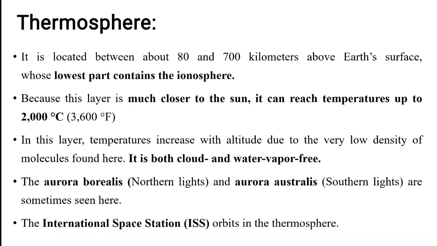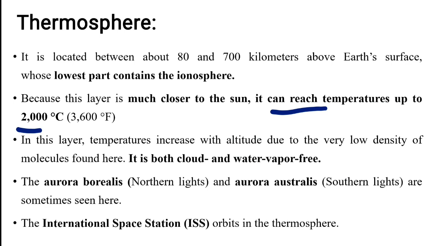Then the thermosphere. It is located between 80 to 700 kilometers above the Earth's surface, whose lowest part contains the ionosphere. Because this layer is much closer to the sun, it can reach temperatures up to 2000 degrees Celsius.